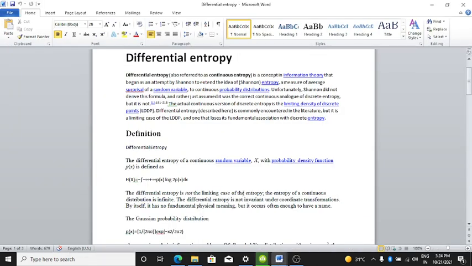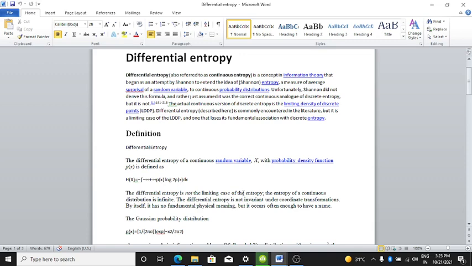Now the last topic of this chapter is differential entropy, which we have to study in detail. Differential entropy is a concept in information theory that began as an attempt by Shannon to extend the idea of entropy, the measuring of average surprisal of a random variable, to continuous probability distributions. Unfortunately, Shannon did not derive this formula and rather just assumed it was the correct continuous analogue of discrete entropy.